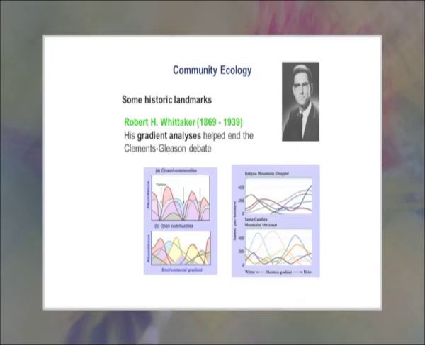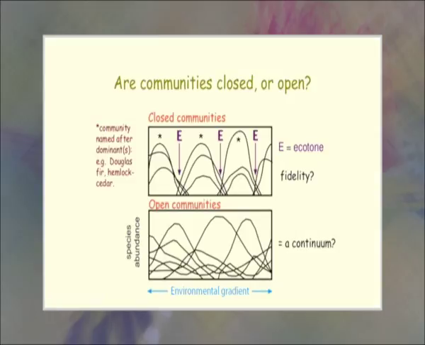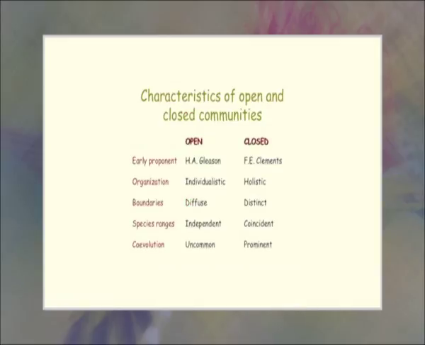A sharp dichotomy emerged early on, contrasting the view that communities were tightly integrated entities consisting of interdependent species, the community unit concept, versus the view that species co-occur largely according to the individualistic response of each species to spatially variable environmental conditions, the individualistic concept, also known as the closed versus open community concept.